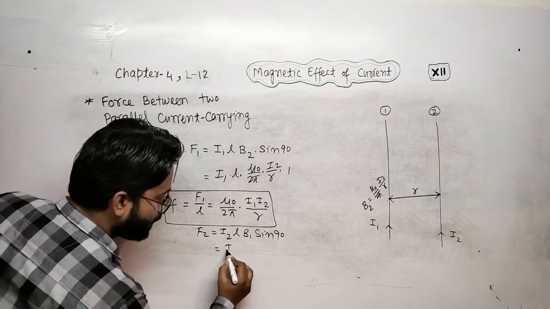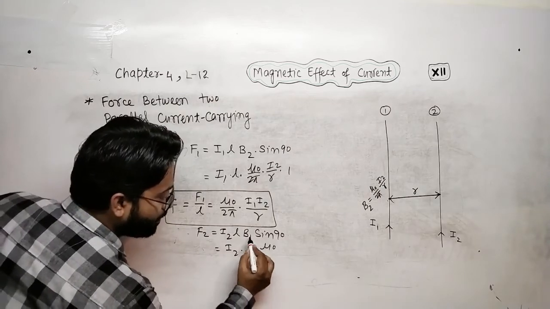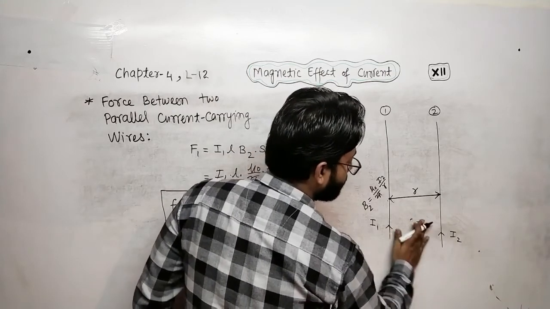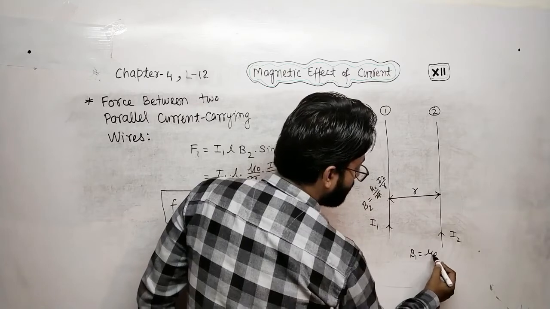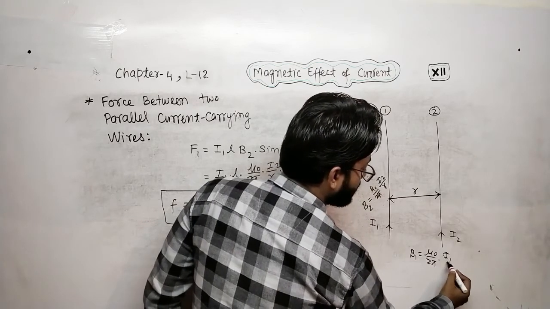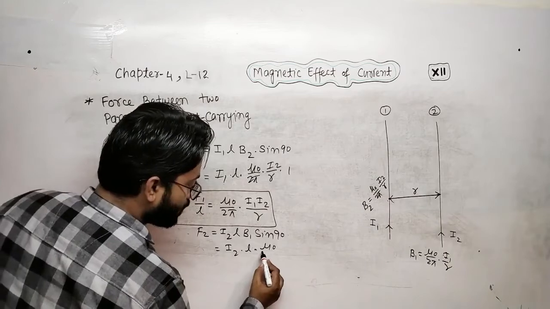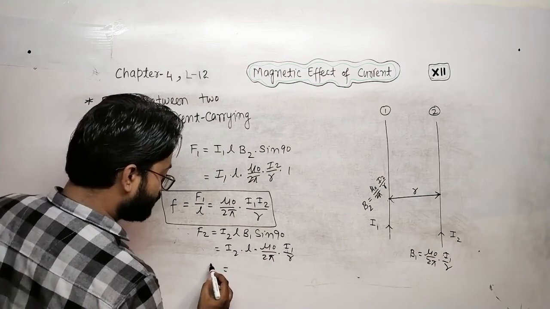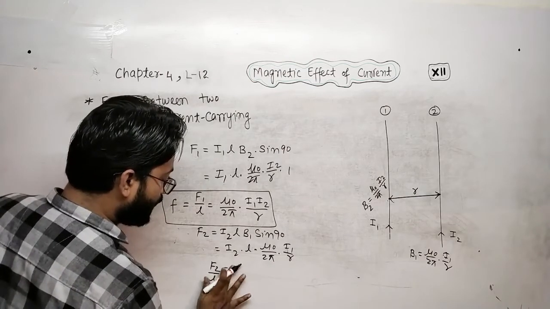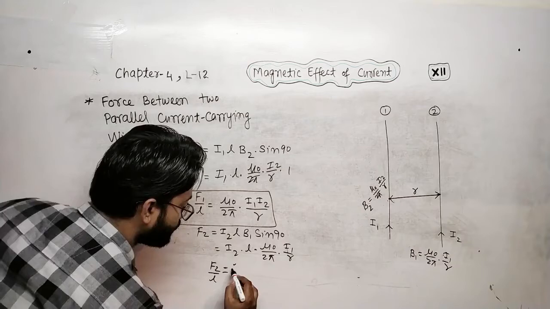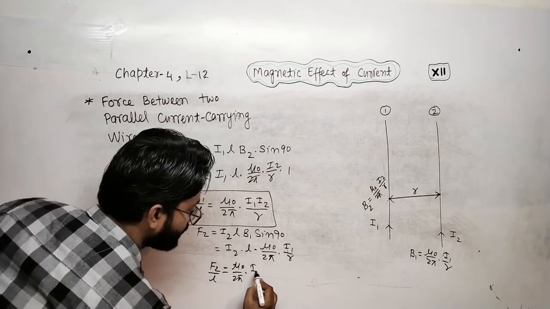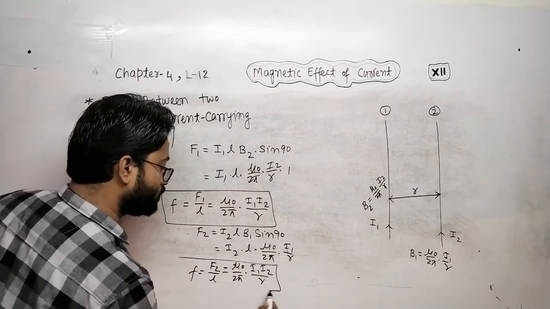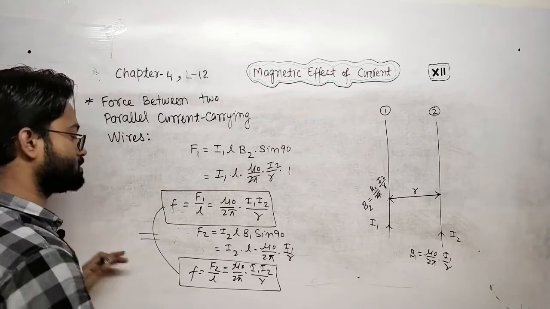So we have I2 into L into B1, where B1 will be mu naught upon 2 pi, I1 upon R. After solving, F2 upon L is equal to mu naught upon 2 pi, I1 I2 upon R. If you see these two formulas, they are the same.